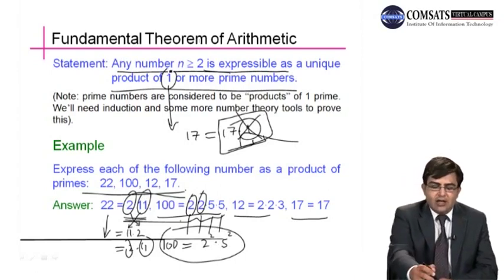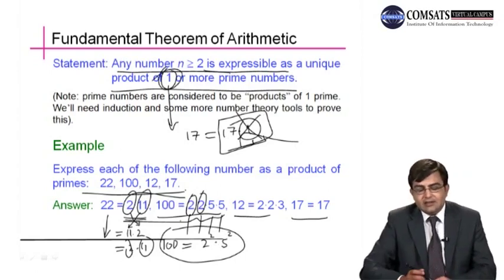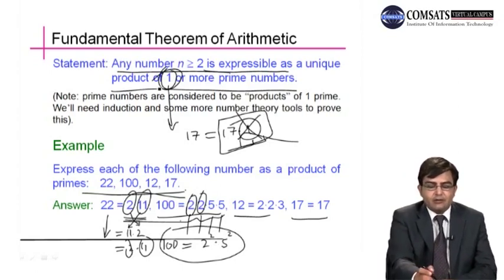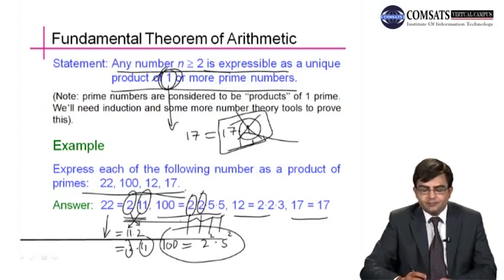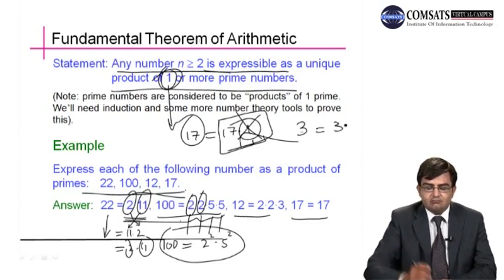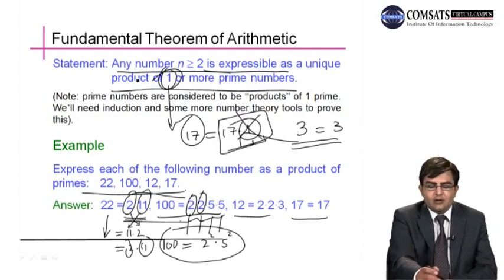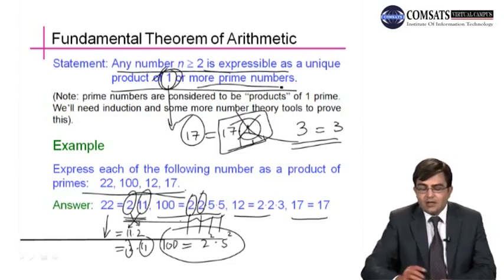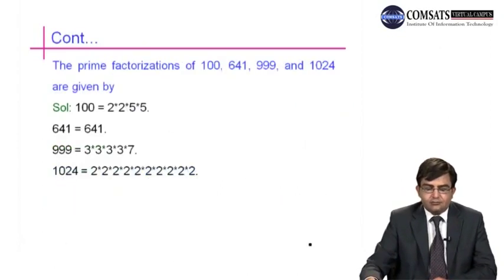That's why the definition says it is expressible as a unique product of one or more prime numbers. If the given number is prime, then it is written simply as itself, for example, 3 is 3. This is the unique expression of that number in terms of prime numbers. So this is the theorem.